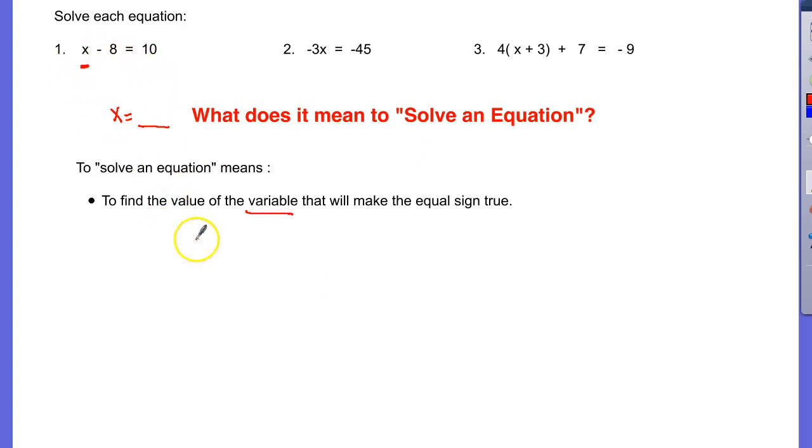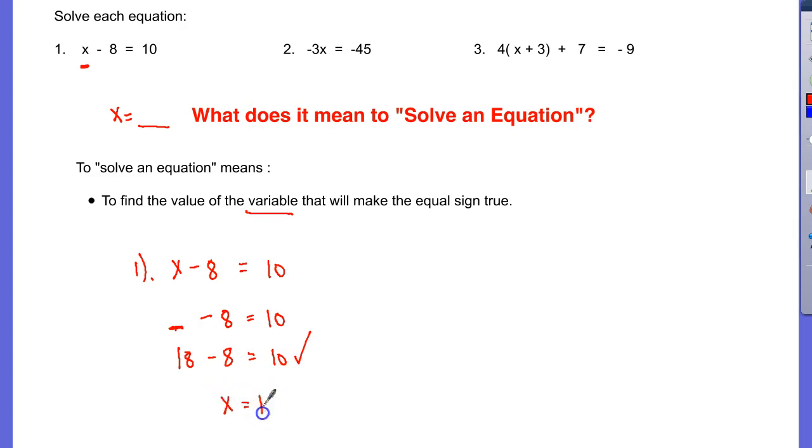Like this one here. Say x minus 8 equals 10. So you're asking yourself, what number minus 8 would equal 10? And mentally you can do that. Hey, that's 18. 18 minus 8, that's equal to 10, right? So you can say, oh, x equals 18, right?